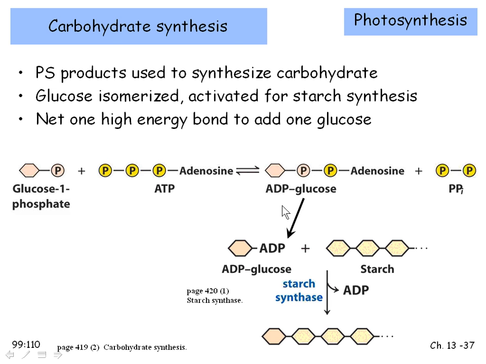This particular reaction using ADP glucose is present in bacteria as well as in plants. So it's not just a trick that plants use to do it. If you add this all up, what it's going to end up costing is 1 high energy bond for each glucose that you store this way, just as it was for glycogen, in fact.